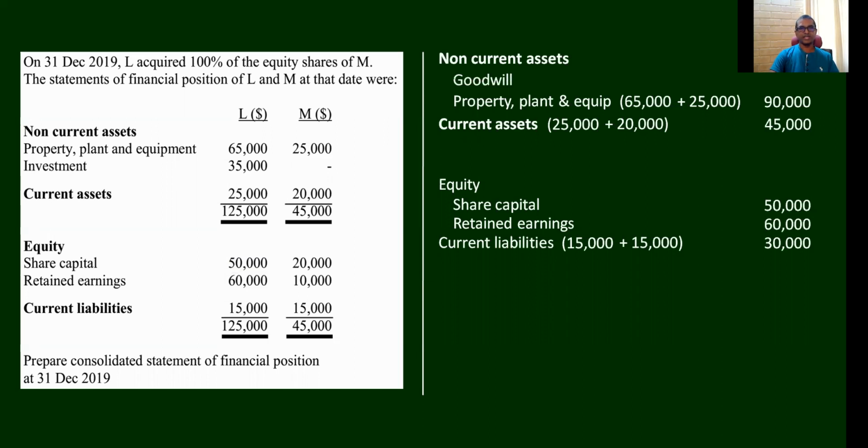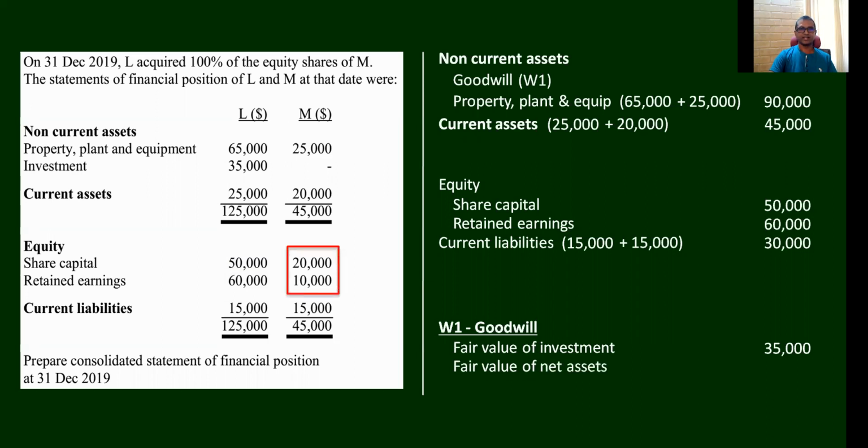And goodwill calculation in a working. Fair value of investment 35,000 in this example, and the fair value of net assets here in this example 30,000. So 5,000 goodwill.